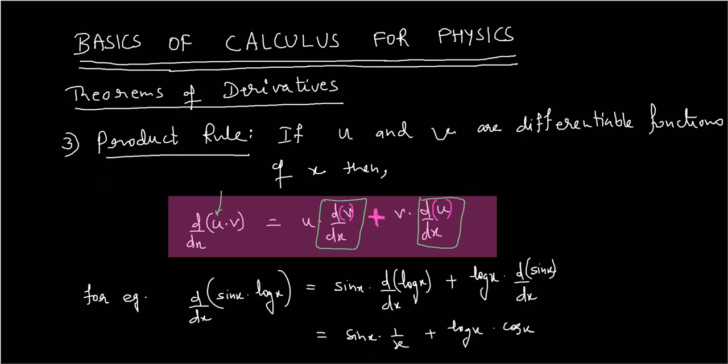So in short, when you have to find the derivative of a product of several functions, you differentiate all those functions one by one. When one of the functions is differentiated, the remaining functions are multiplied. And this continues till you have differentiated all the functions.